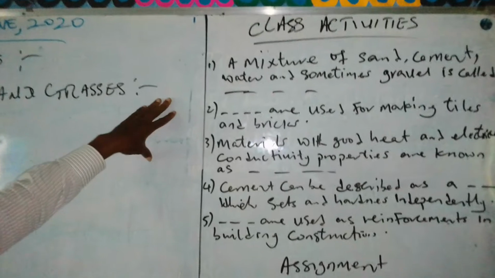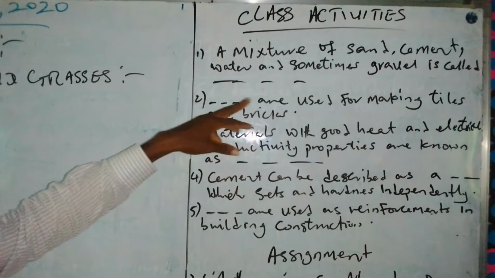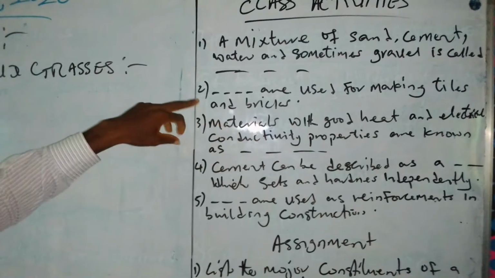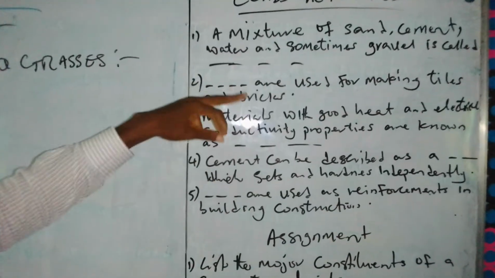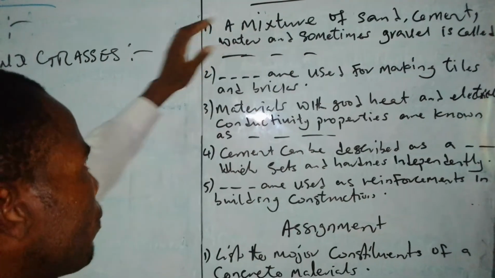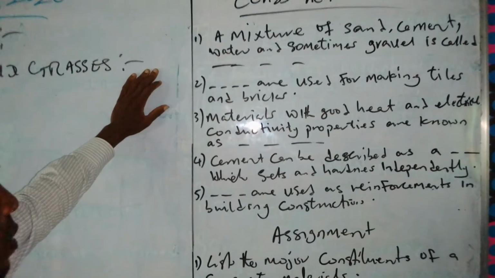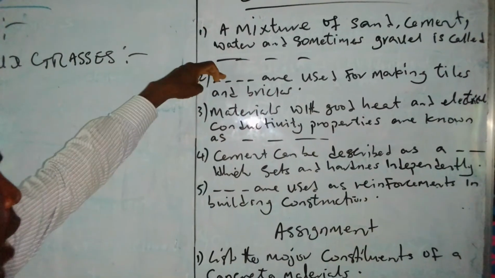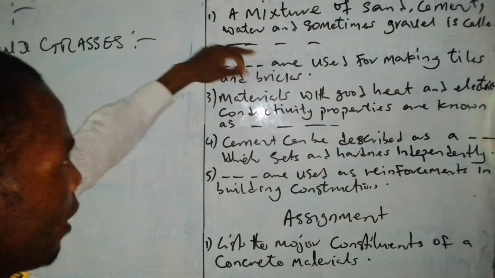Class activity. Number 1, a mixture of sand, cement, and water, and sometimes gravel is called dash. You're going to fill the answer in this dash column. Number 2, dash are used for making tiles and bricks. If you know the answer, as we discussed in today's class, you fill the answer here.